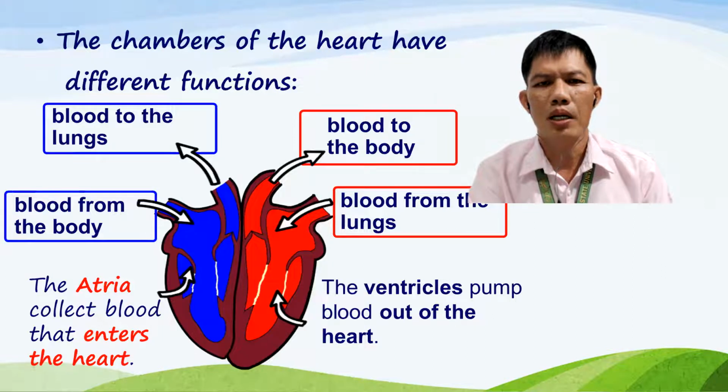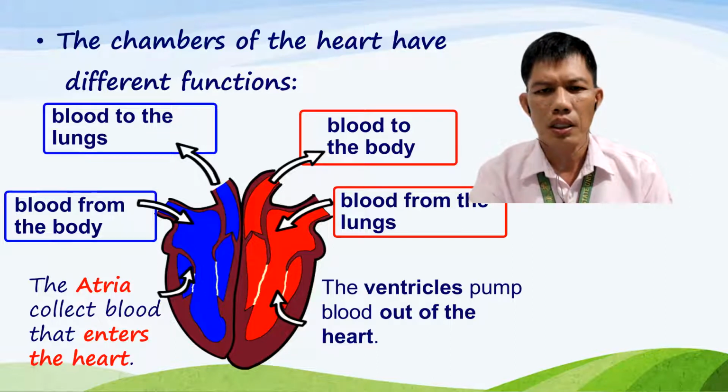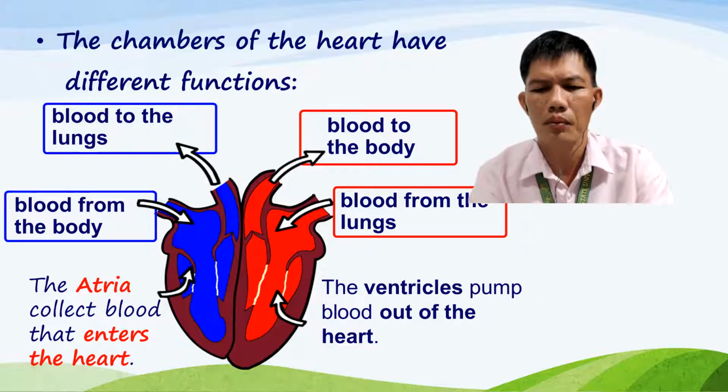The chambers of the heart have different functions. The upper chambers, the atria, receive blood: one receives blood from the body, and the other receives blood from the lungs.